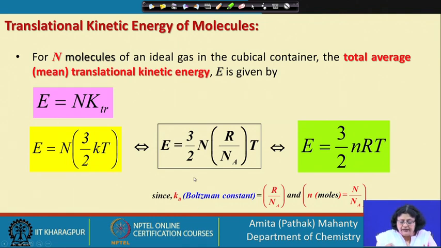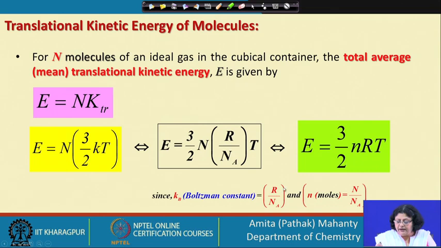This we can rewrite in terms of k being equal to R by Na. So, we can replace this and rewrite in terms of the expression of RT. I hope you can understand what I have substituted here. This is R by Na, and then N by Na is nothing but the number of moles.